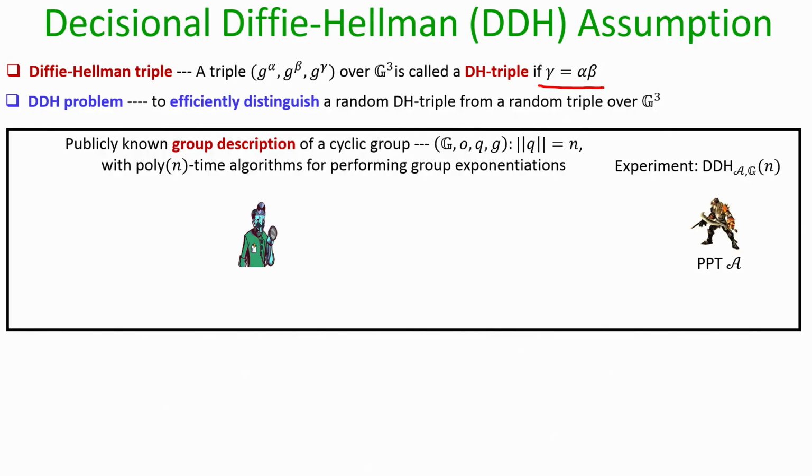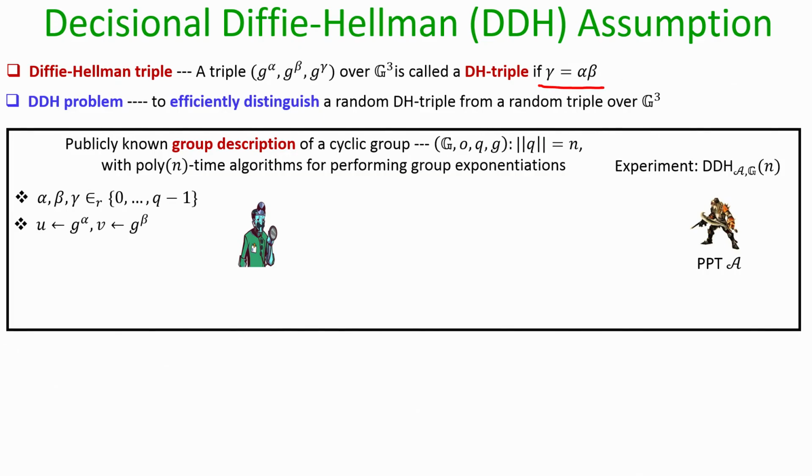And this requirement is formalized by an experiment which we call the DDH experiment, and the experiment is played between a computationally bounded adversary and the challenger, where the public information which is available is the description of a cyclic group, namely the operation O, the size of the group and the generator.